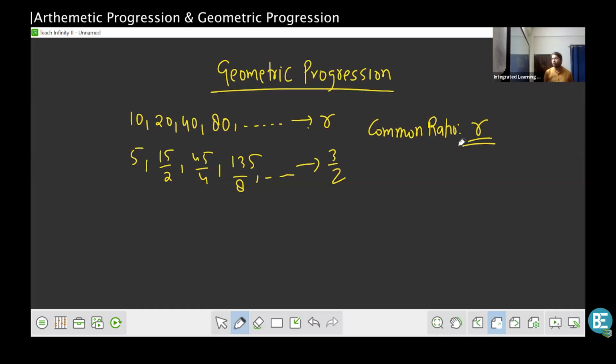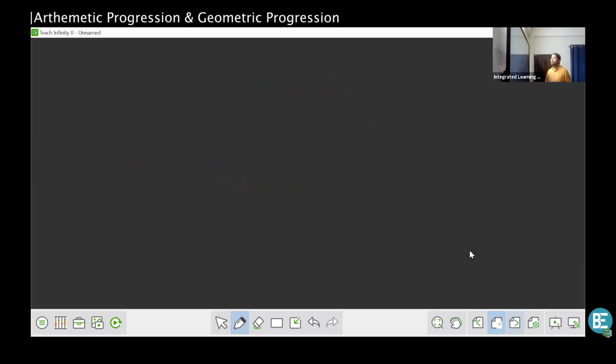The first term of GP is also expressed by a, same as AP, and the common ratio by r. So like in AP, we can find the formula for the general term of GP. If I say the first term of GP is a, we can find the second term as a into r, the third term as a into r square, the fourth term a r cube, and so on.